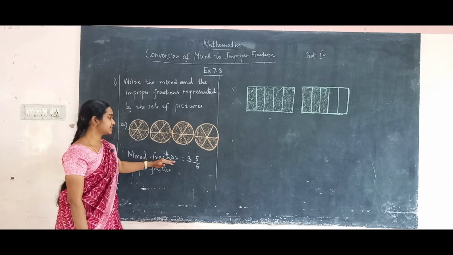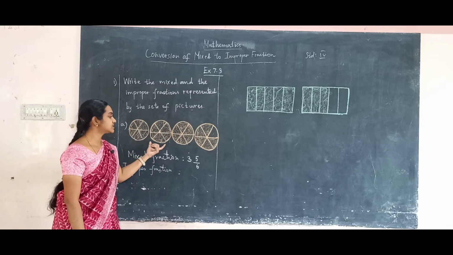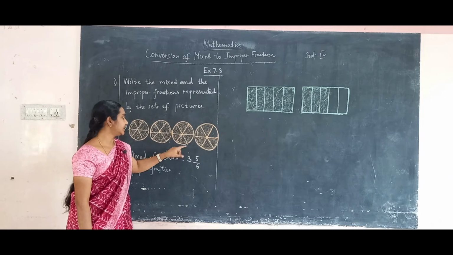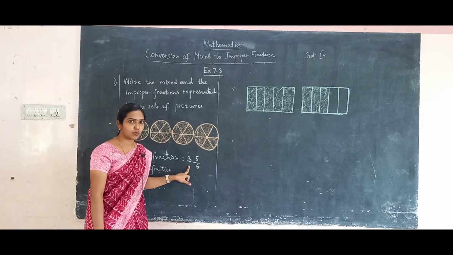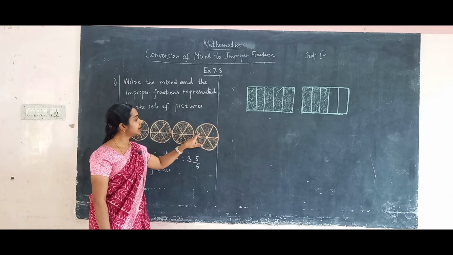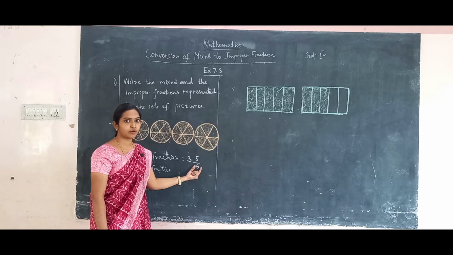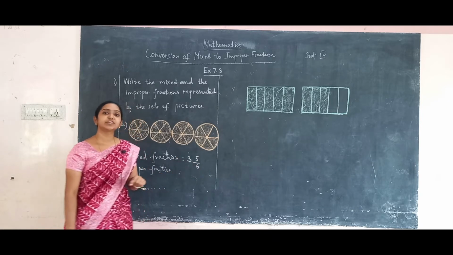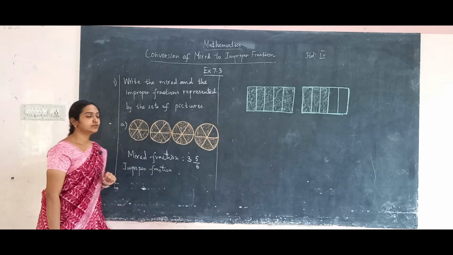So write 3 as a whole number and the total number of parts, 6, in the denominator and the shaded parts, 5, in the numerator.